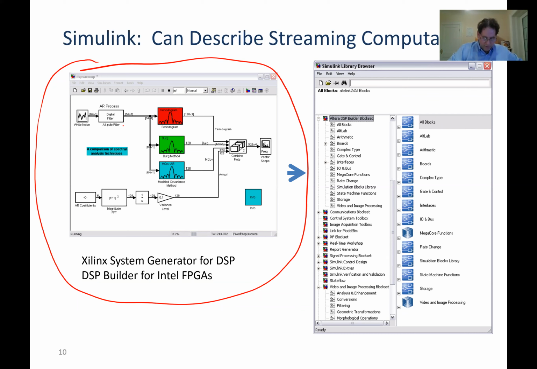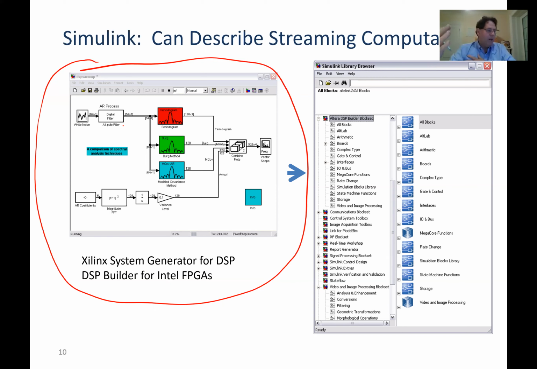The tools are called System Generator for Xilinx and DSP Builder for Intel. The way they work is basically the signal processing engineer chooses blocks that Intel or Xilinx have provided, and each of those blocks is not just a filter. It is a filter or some communication modulation scheme, etc. There are a whole bunch of different blocks you can put in.